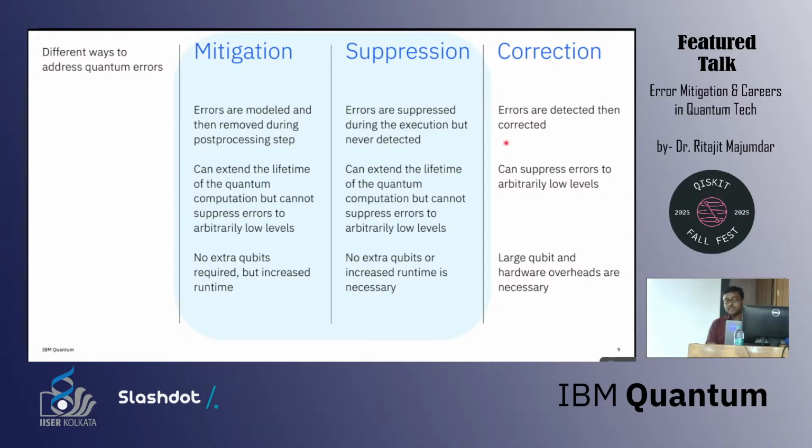Why is this useful? Because if I am able to do error correction and fault tolerance properly, I can suppress the error to any arbitrarily low level that I am interested in. But at the same time, this requires a lot of resources. It really requires a lot of resources, and therefore the overhead it brings is tremendous.